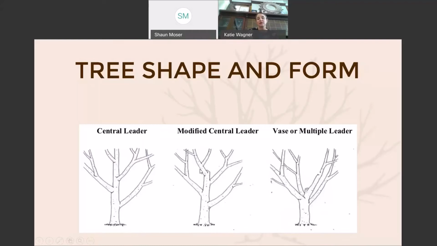So 3 to 4 main scaffolds, doing the same thing, where they are originating, with a little bit of height difference between them, out of a central point. And again, the really important thing is they're exploring different sections, going different directions. They're not competing with one another for sunlight.